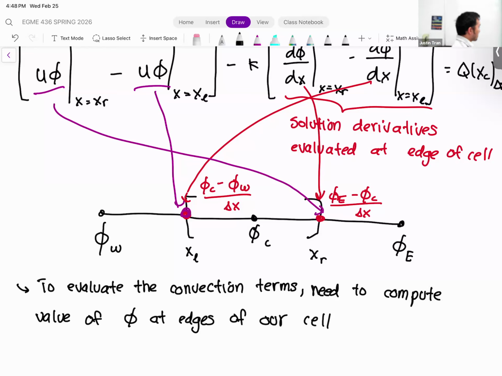The velocity I'm not worried about. The velocity is usually pretty easy to compute. If it's not constant, it's usually a very simple function of x. And so that one I'm not too worried about.